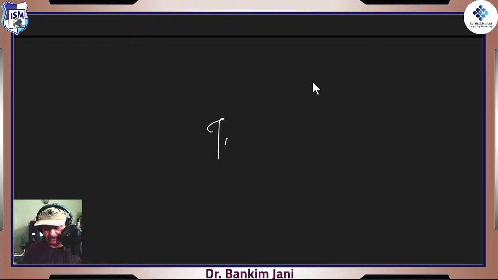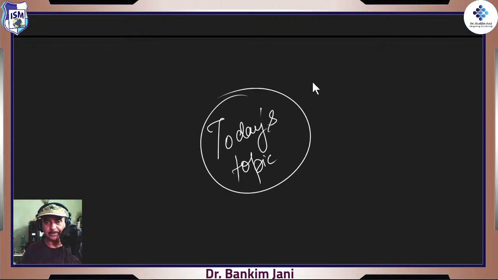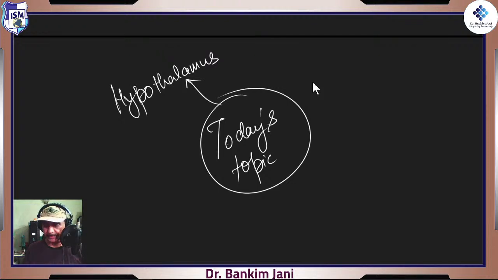So for today's topic, we'll in fact be tracing the endocrine system from the top till the last organ. Today we'll be talking about the hypothalamus in reasonable detail, and then we'll continue with the pituitary.